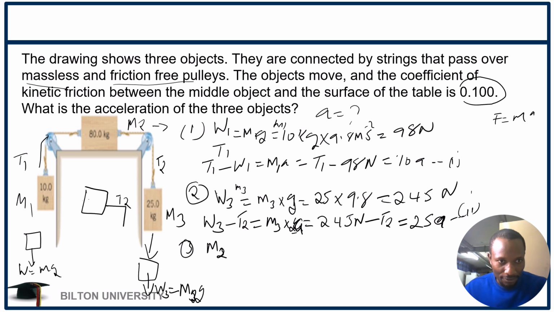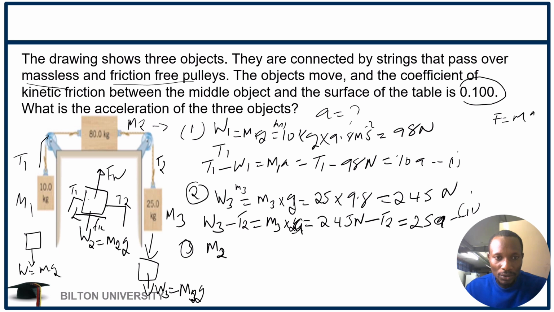We also have T1 acting on it, and we have W, the weight, which is W2, given by M2 times G. There's also a normal force, Fn, and kinetic friction, Fk, acting on it. So we have horizontal forces and vertical forces here.